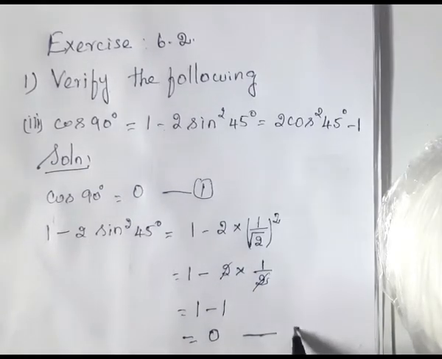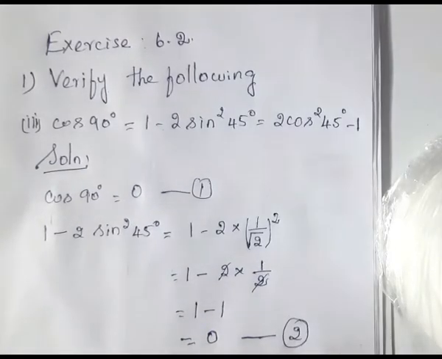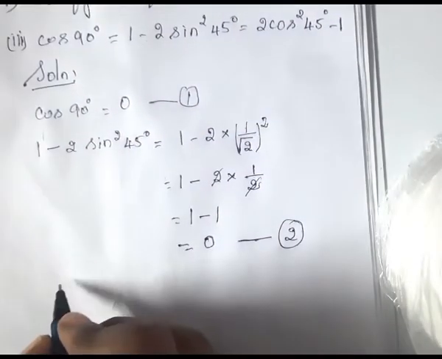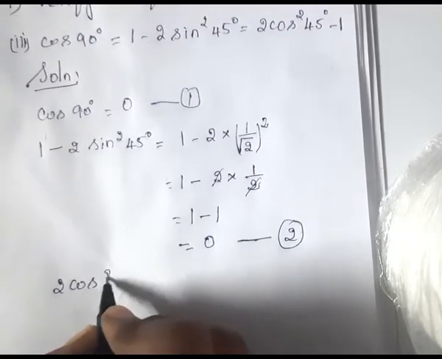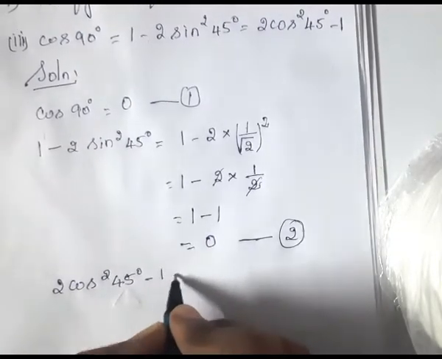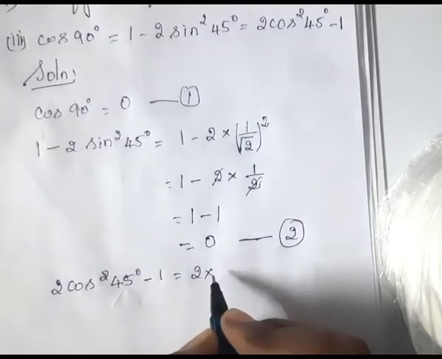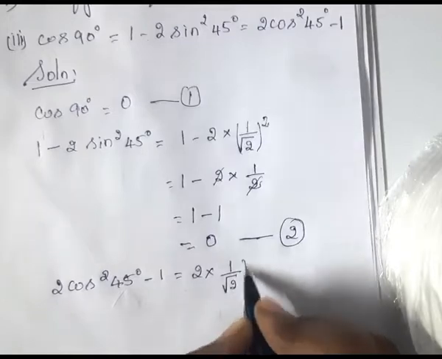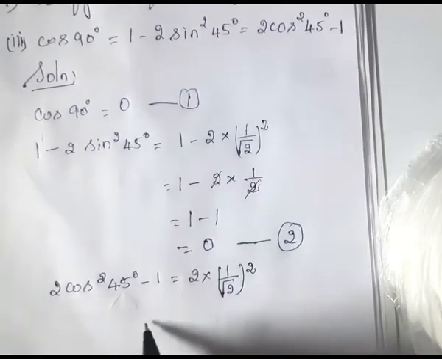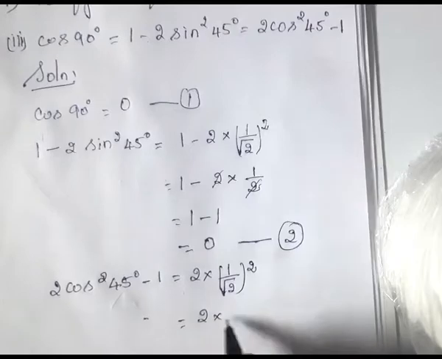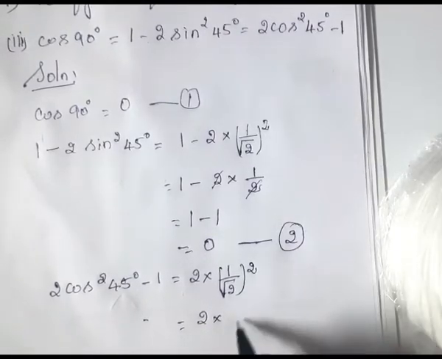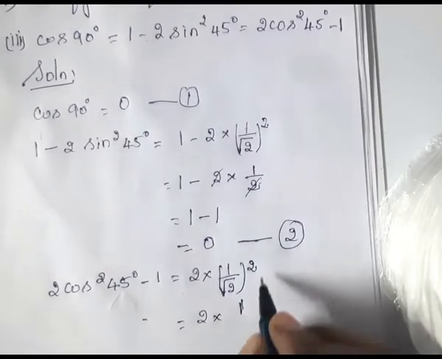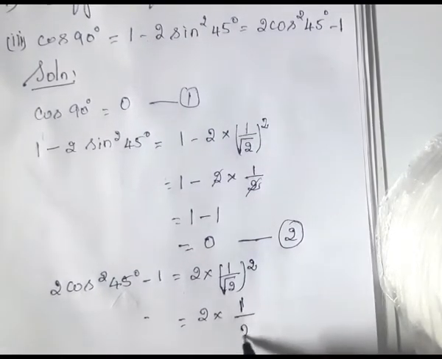So take this as equation 2. Third one, this part. 2 cos square 45 degree minus 1 equal to 2 into cos 45 degree is 1 by root 2, then square. That is equal to 2 into, the square root and square will be cancelled, 1 by 2.